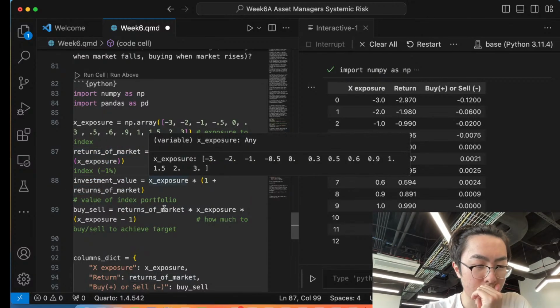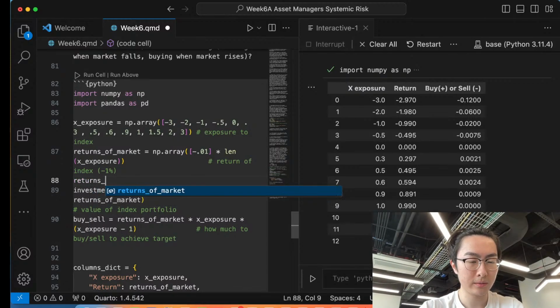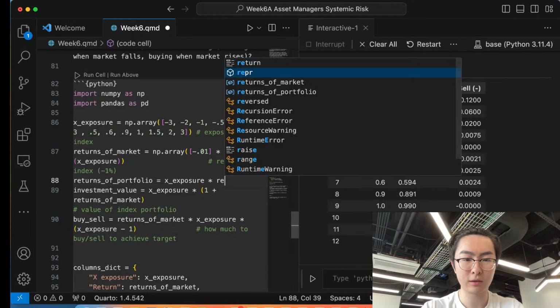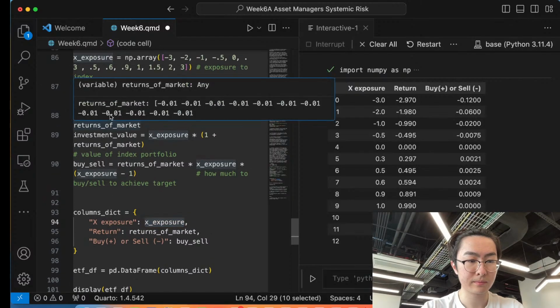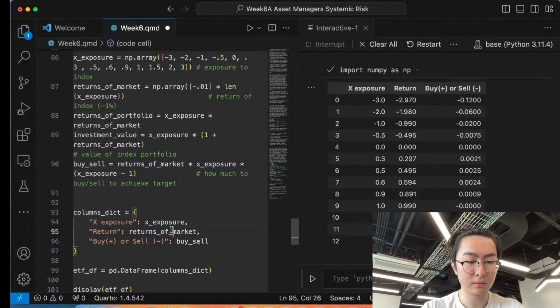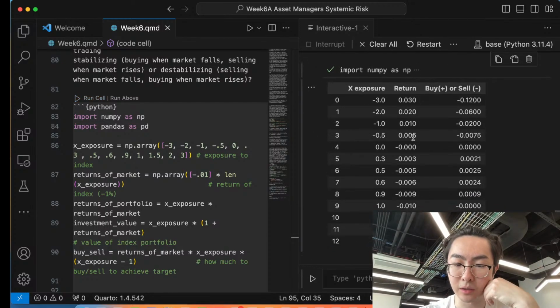Okay, and then we also have returns of portfolio is equal to x exposure times returns of market. There we go. Okay.